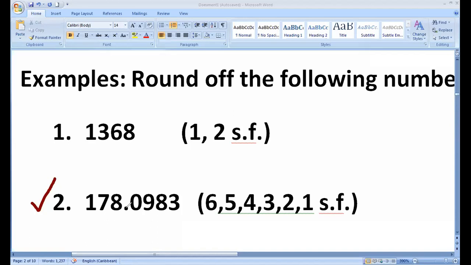No, that's not correct. Is it that wherever there is a point, you count that number as a significant figure?